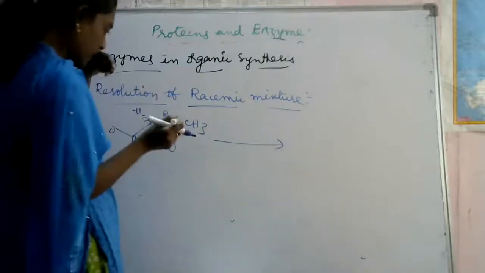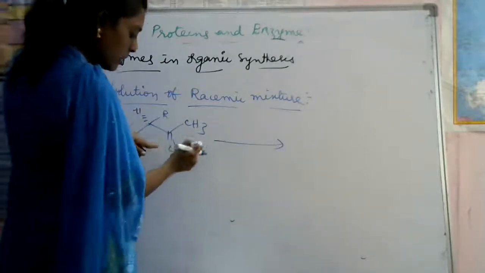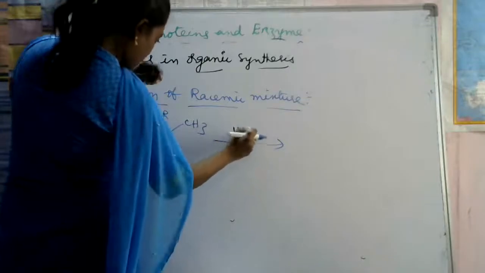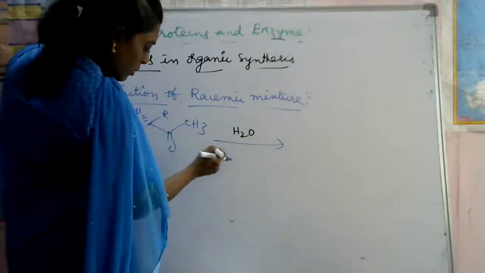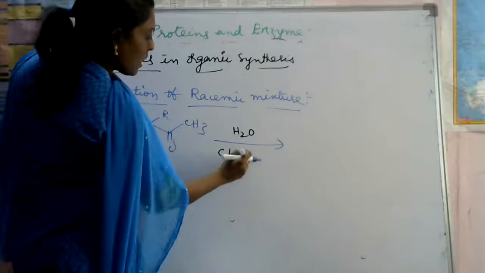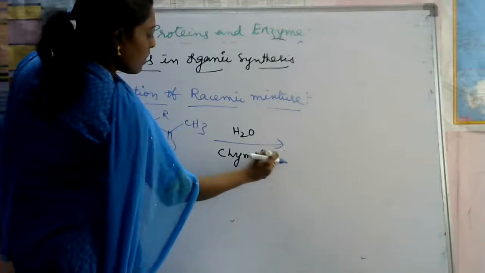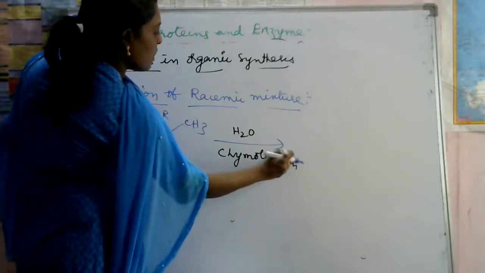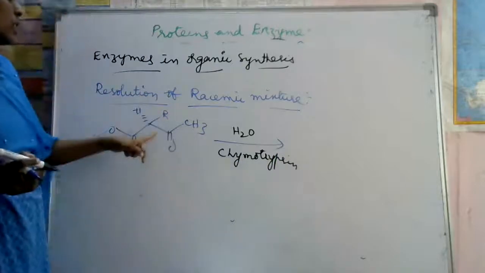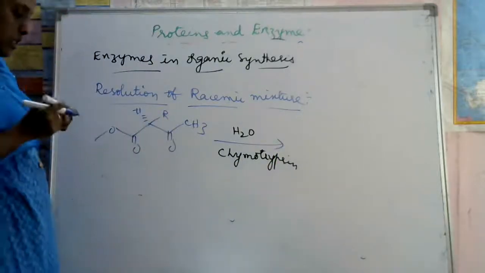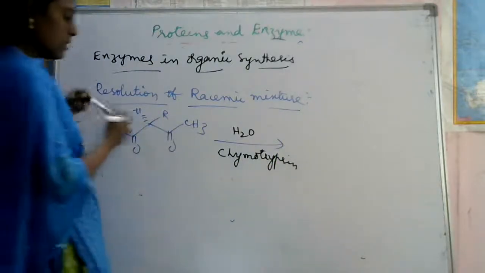What we have to do is the hydrolysis, H2O. For this, it uses chymotrypsin enzyme. What is the use of this enzyme? It converts this aldehyde into acid.